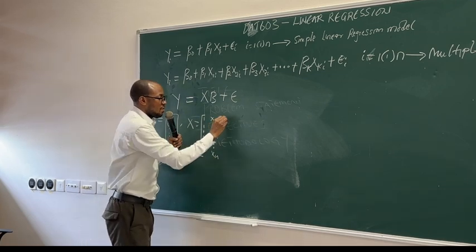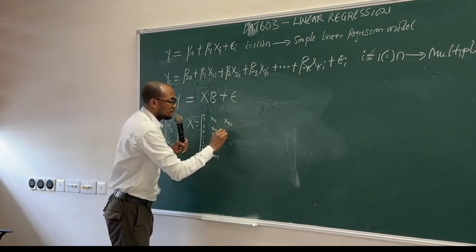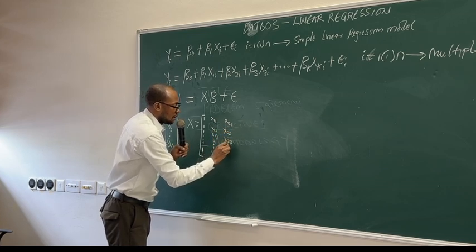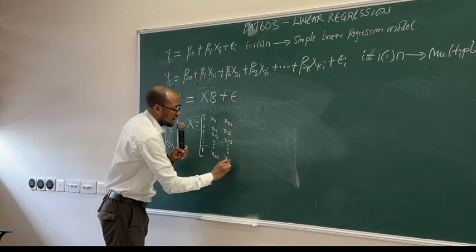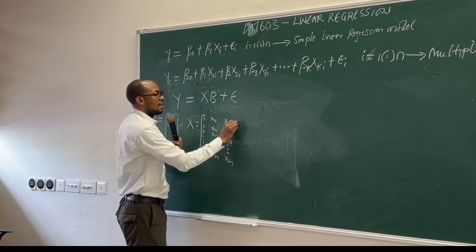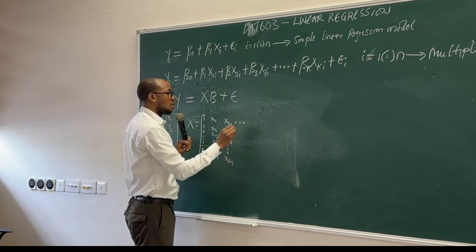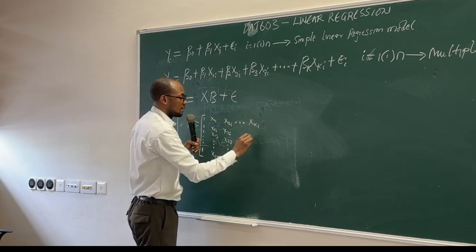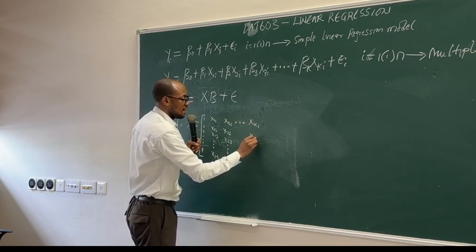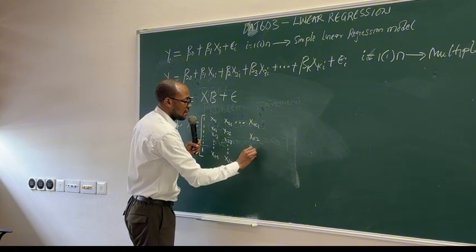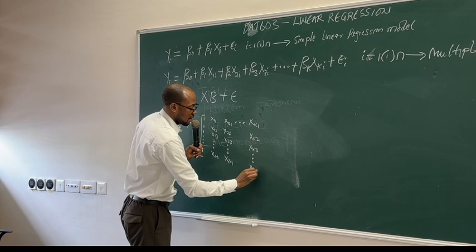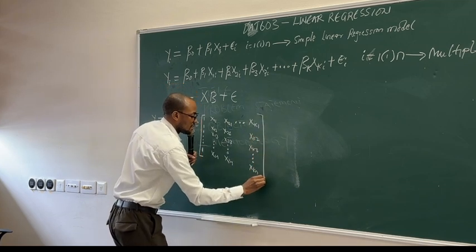Here we're going to have x21, x22, x23, down to x2n. And we continue till xk1, xk2, xk3, down to xkn.